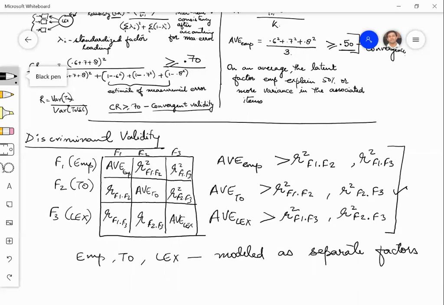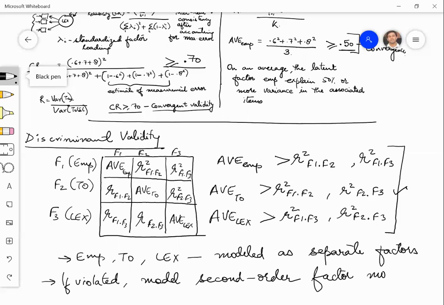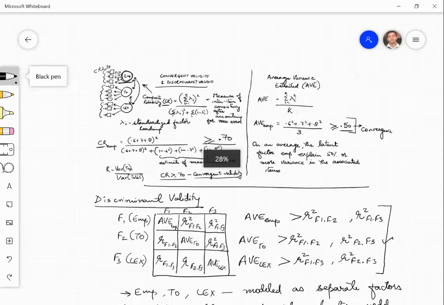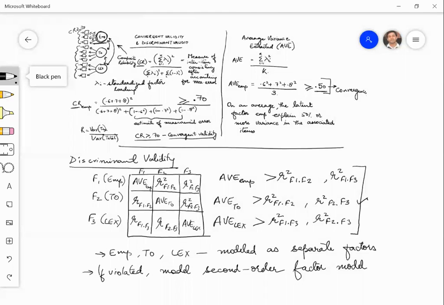Else, if these conditions are violated, you will need to model a second order factor model, because they are not distinct. There is an overlap between these underlying factors, and so you cannot model them as separate factors. You will have to have an overarching factor that will be estimating these first order factors.